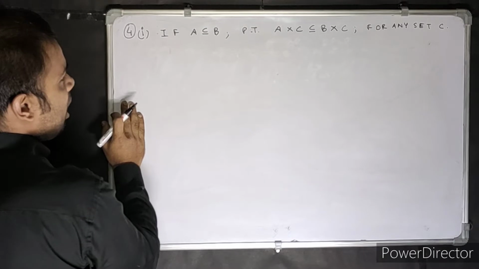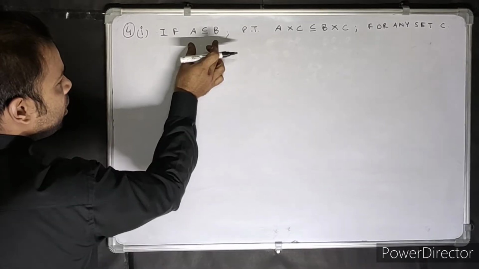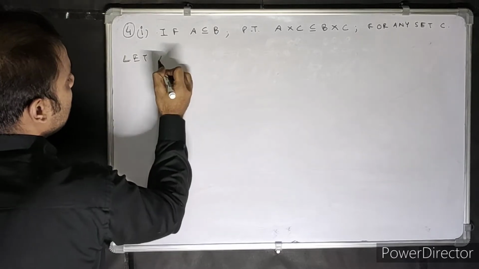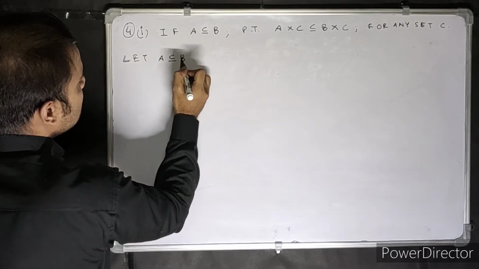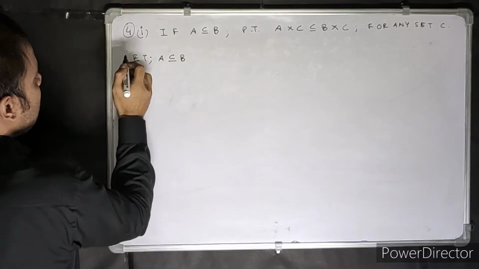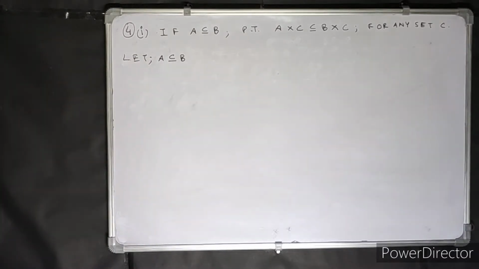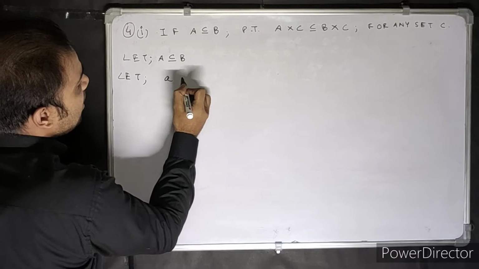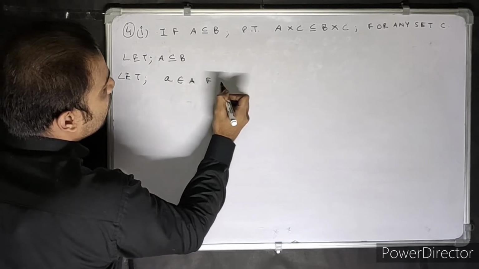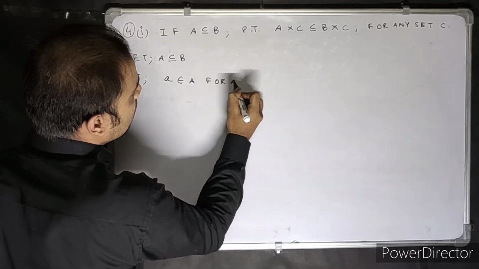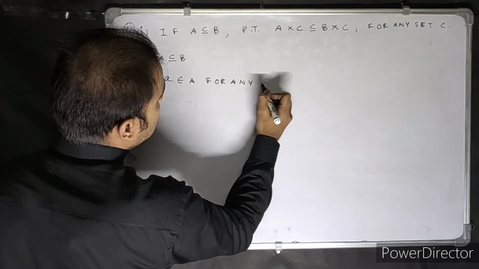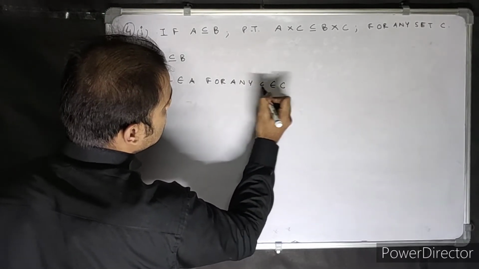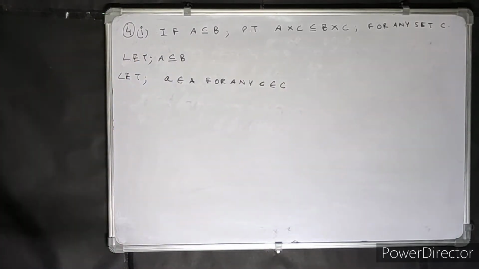So now from here, we'll take this. You write let A be a subset of B. Let A be a subset of B. Then you write let a belong to A for any c belonging to C. I want to check it out first.